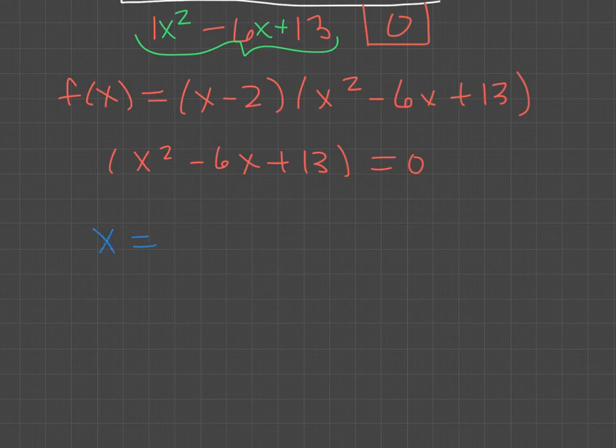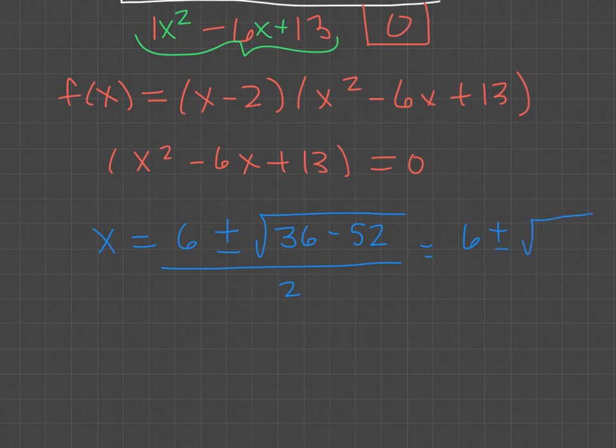So x equals 6 plus or minus the square root of negative 6 squared, which is 36, minus 4 times 13, which is 52, all over 2 times a, so 2. So doing a little bit of simplifying, 6 plus or minus, we do that subtraction underneath the square root. We're going to get a negative 16, and then that's all over 2.